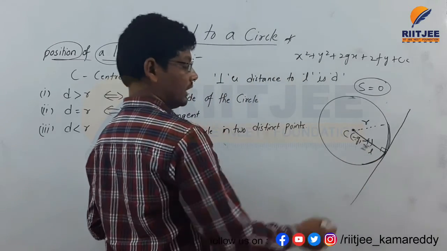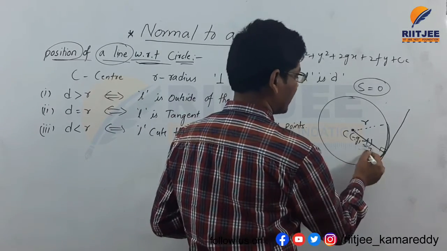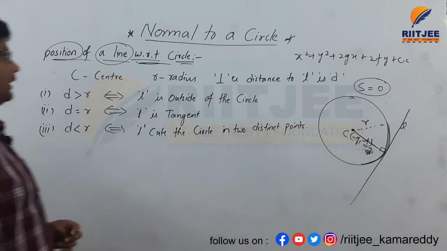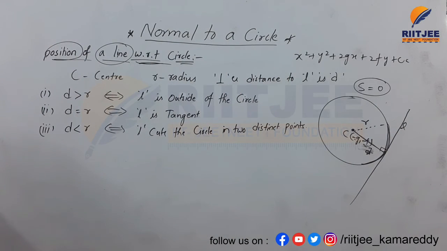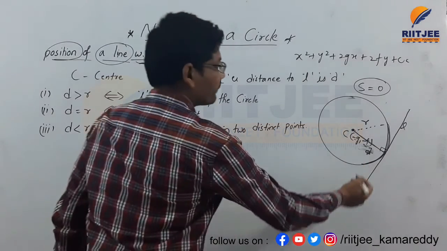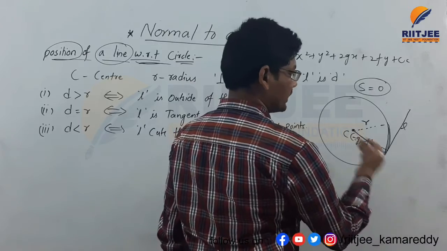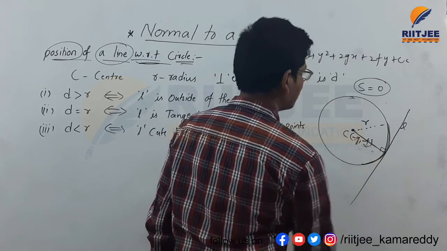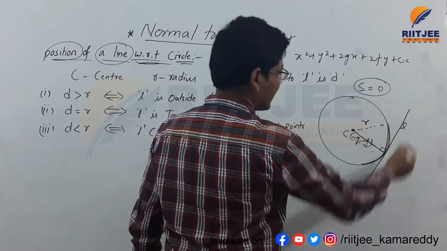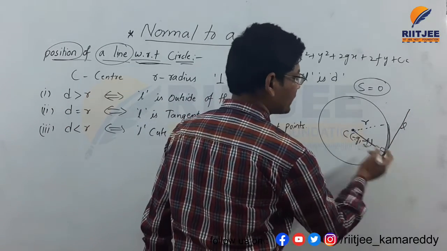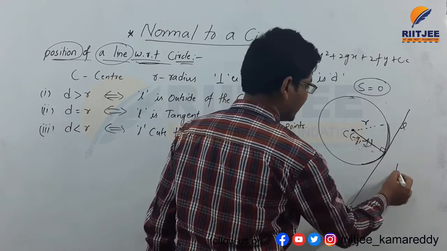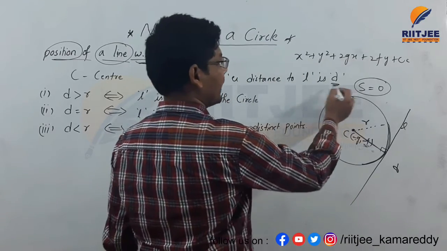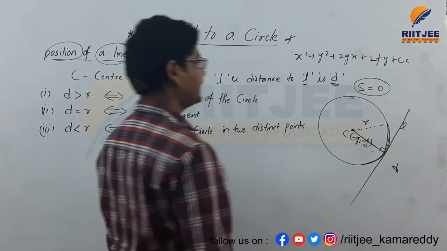The perpendicular distance from the center to this line is called D here. This is D and this L is called the line here.